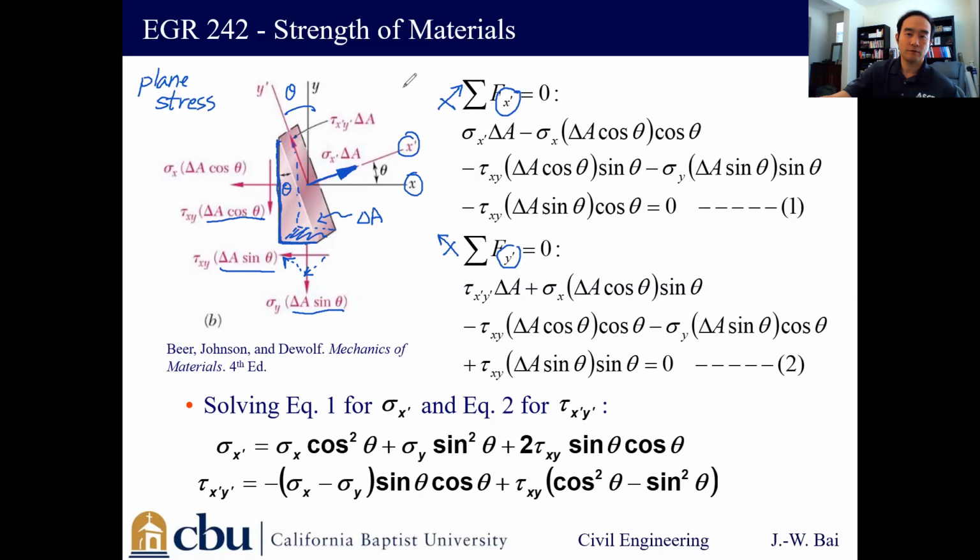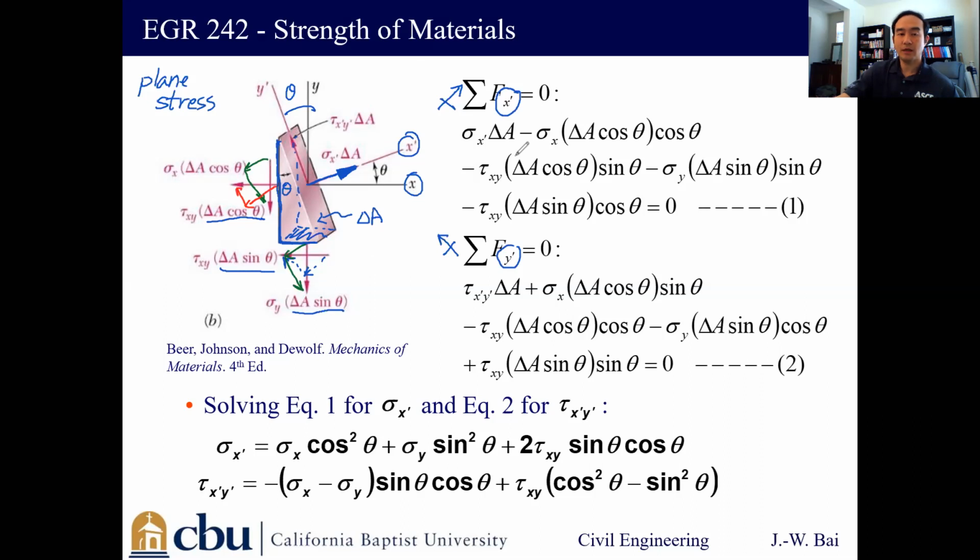So I'm going to use a different color. For this force, here we have the x prime component and then the y prime component, right? This is the x prime component, y prime component for this vector, and then the x prime component and y prime component, something like that.